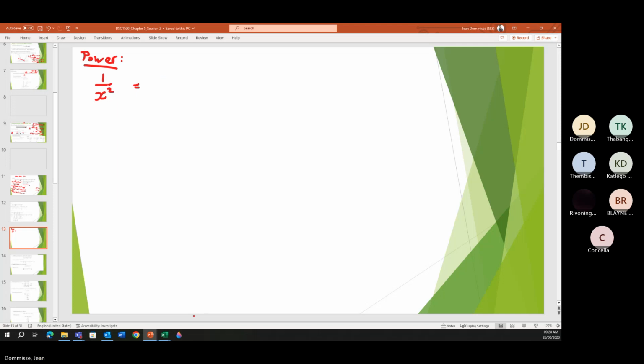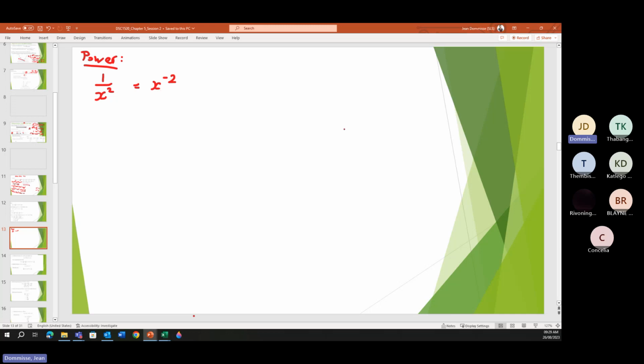Remember from chapter 2, when we looked at fractions, what we can do with something that's below the line is take it to the top, but then the sign changes. So this, if we simplify it, means x to the power of -2.